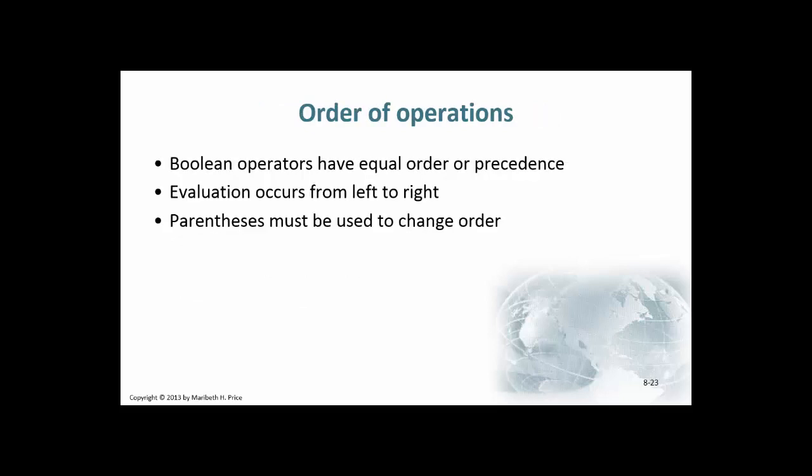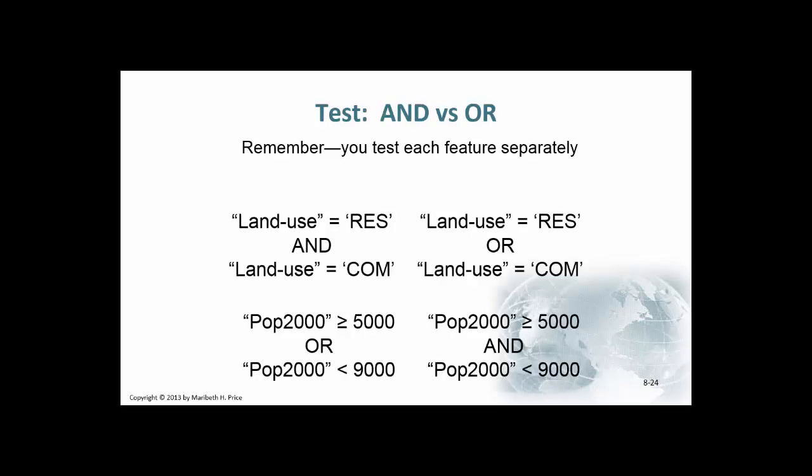The Boolean operators have equal order of precedence. The expressions are evaluated from left to right, and to change the order, you can use parentheses. Be careful when entering your expressions.